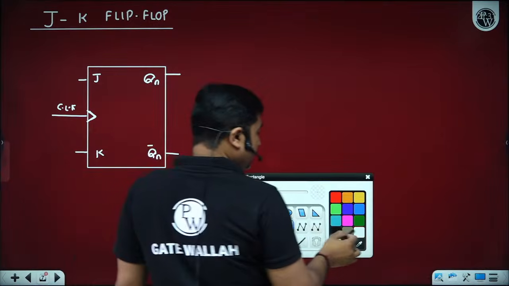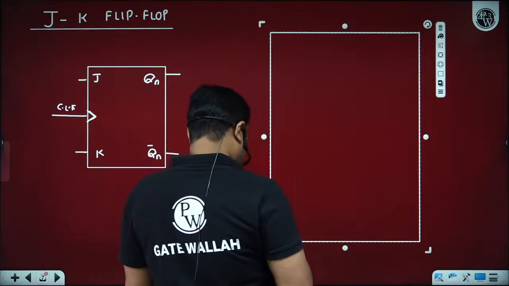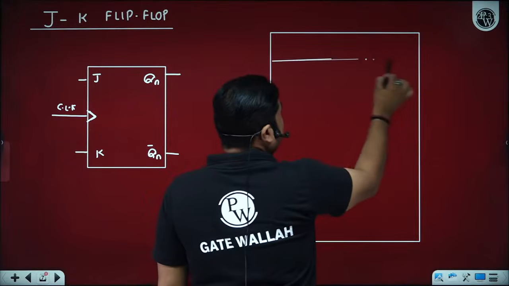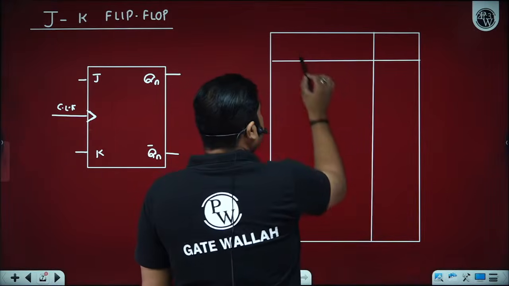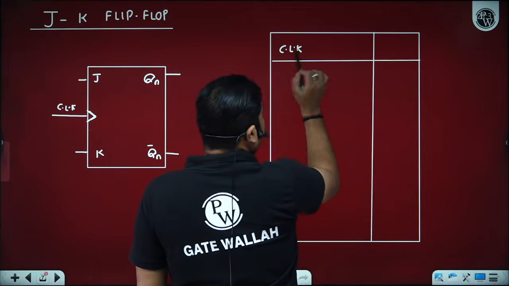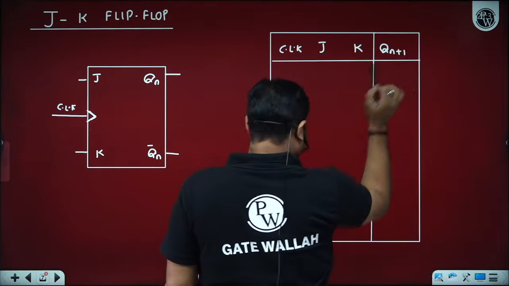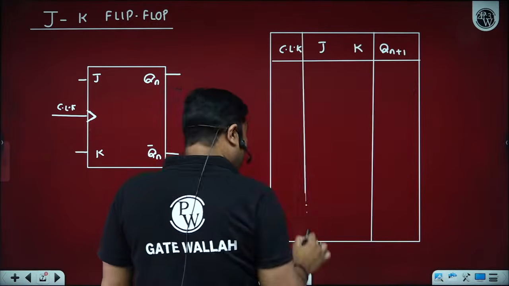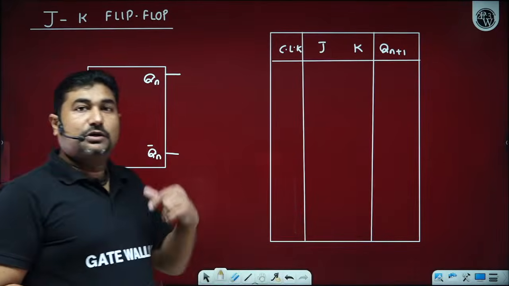Is it okay? We know about the truth table. Yes, sir. I am representing the truth table once more. It's a very important part, so I am writing it once more. Please observe, we have clock, J, K and Qn plus 1. Here I am saying the clock is high. It means there is a transition of the clock from 0 to 1.